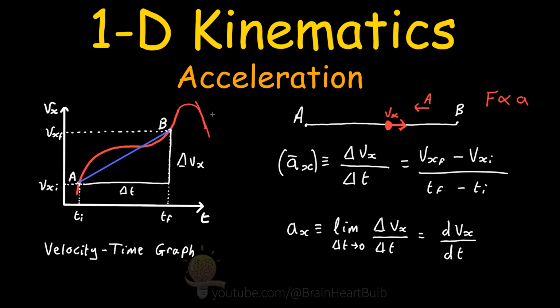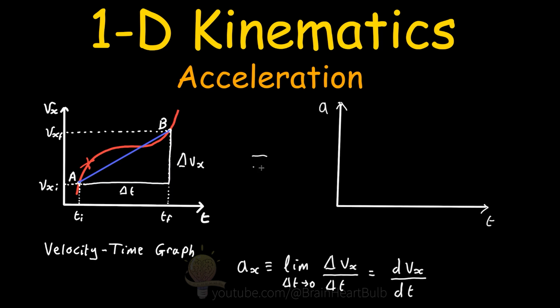So at this point, the acceleration is negative, which means it points from B to A. So this is a negative acceleration. If, on the other hand, our acceleration is pointing in the same direction as our velocity vector, then our particle's velocity will increase over time.